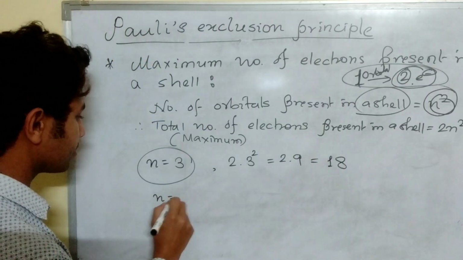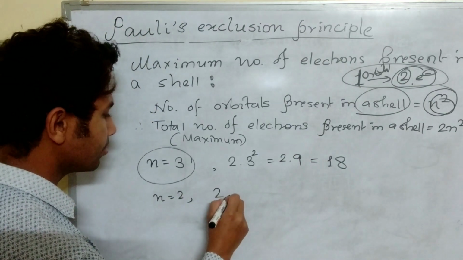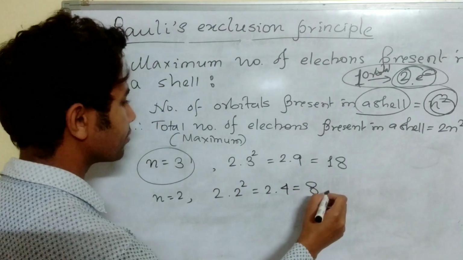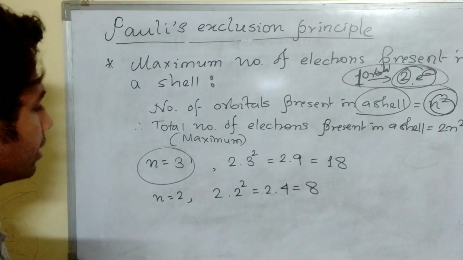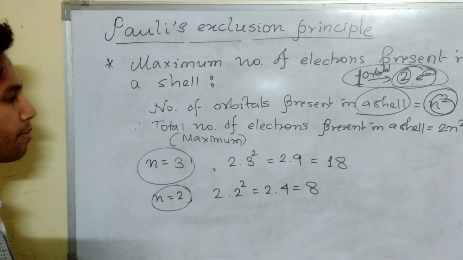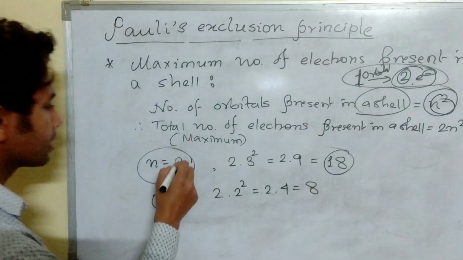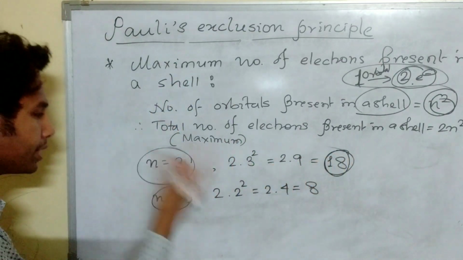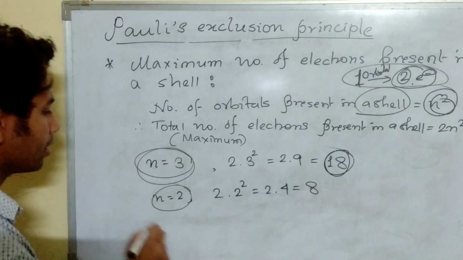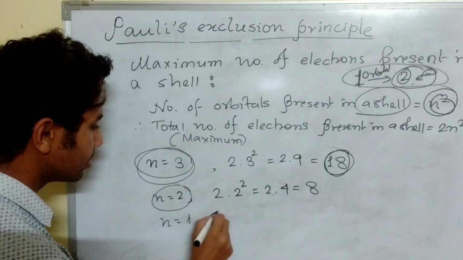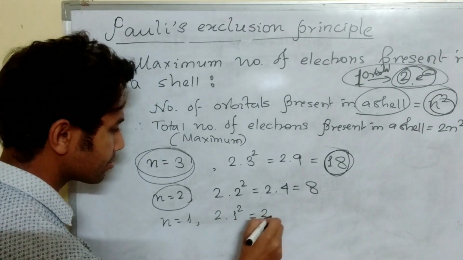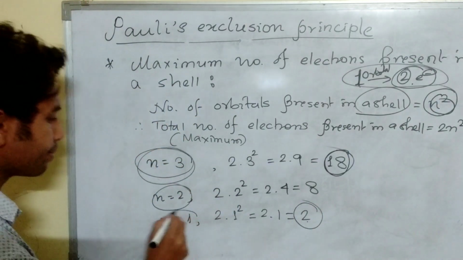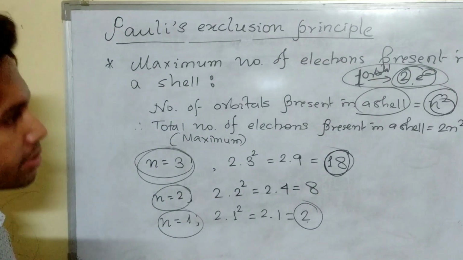For n is equal to 2, 2 into 2 square is equal to 2 into 4, that means 8 electrons will be present in the second shell. 18 electrons maximum will be for the third shell. For n is equal to 1, 2 into 1 square is equal to 2, so maximum 2 electrons can be present in the first shell.